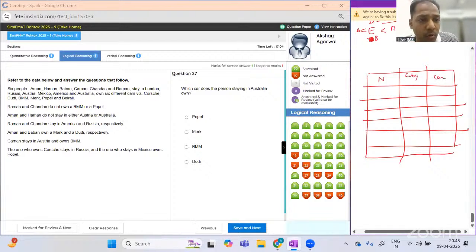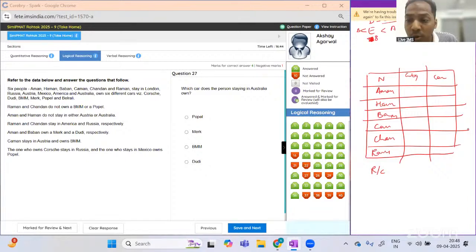Raman and Chandan do not own BMW or Opel. Okay. First of all, the names are Aman, Haman, Baban, Kaman, Chandan, and Raman.